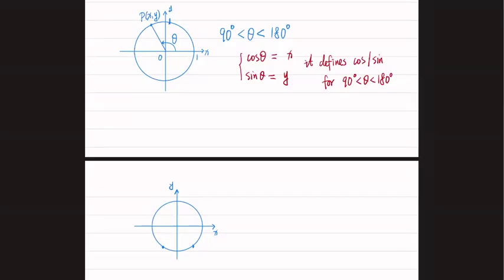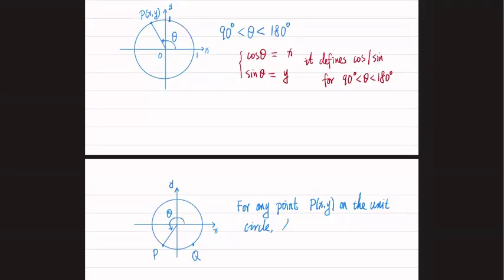So for any point on the circle, we can define cosine and sine, where theta is the position angle.